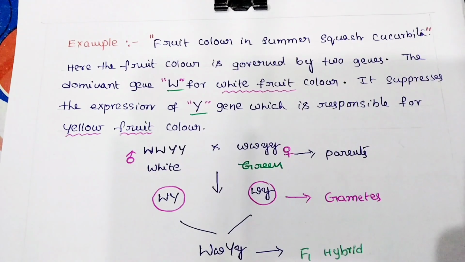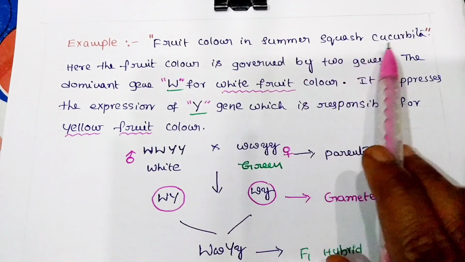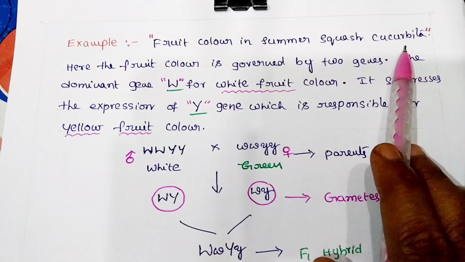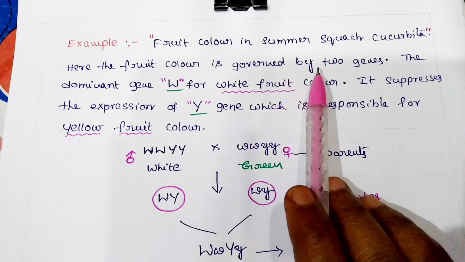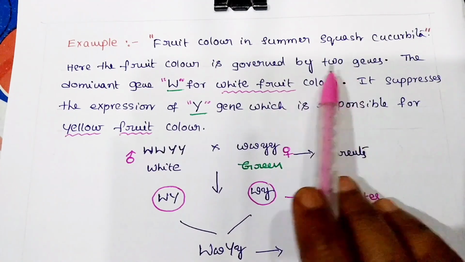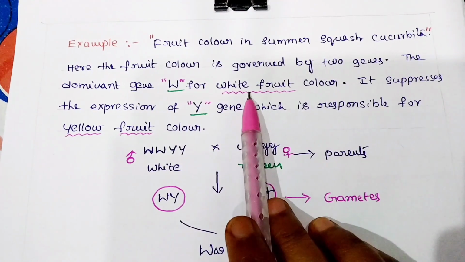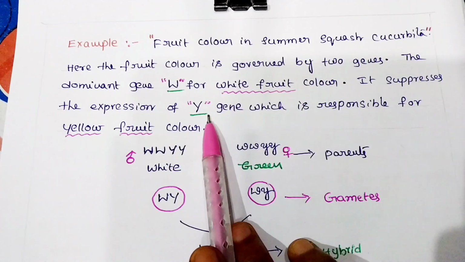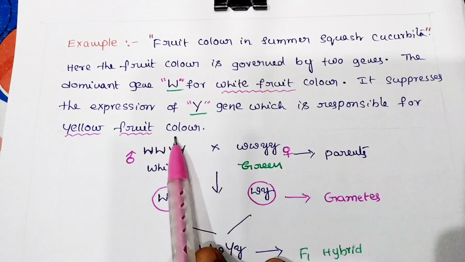Let's see the example for dominant epistasis. Fruit color in summer squash, Cucurbita, is the best example. Here the fruit color is governed by two genes. The dominant gene W, which is meant for white fruit color, suppresses the expression of the Y gene, which is responsible for yellow fruit color.